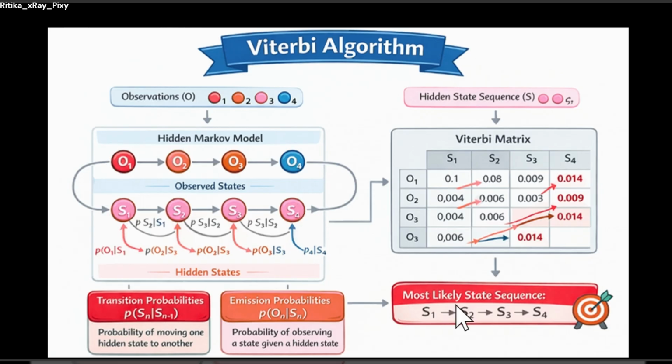HMM uses states, observations, transition probabilities, emission probabilities, and initial probabilities to model sequences. Algorithms like the Viterbi algorithm, forward algorithm, and Baum-Welch algorithm help in decoding, evaluating, and learning the model.